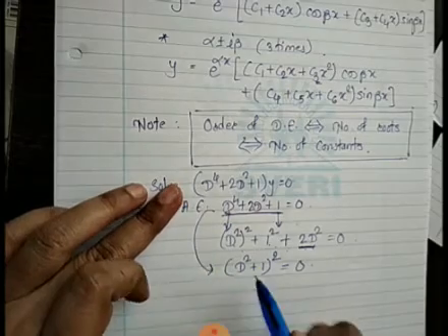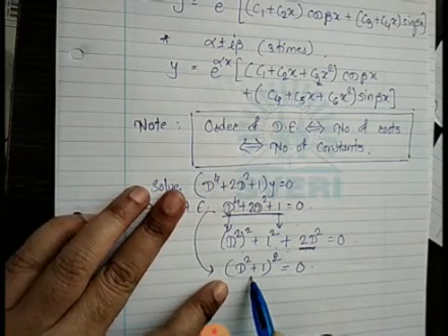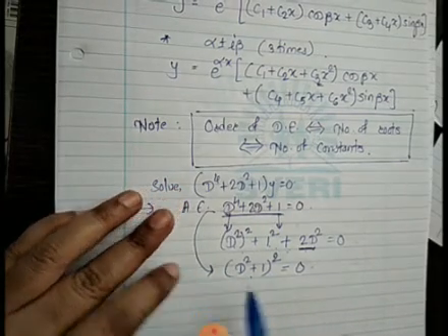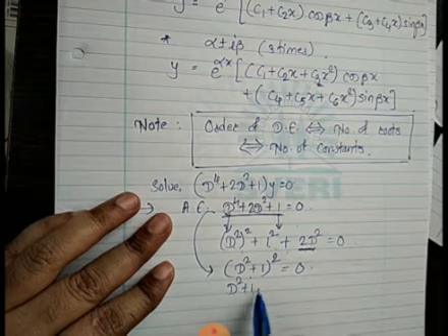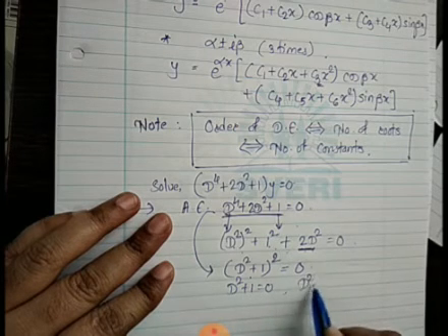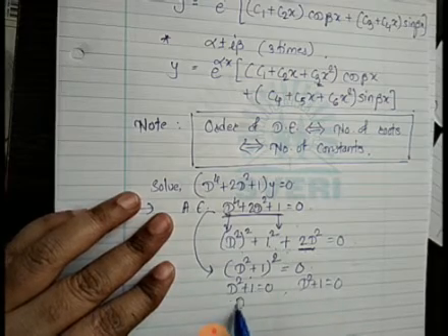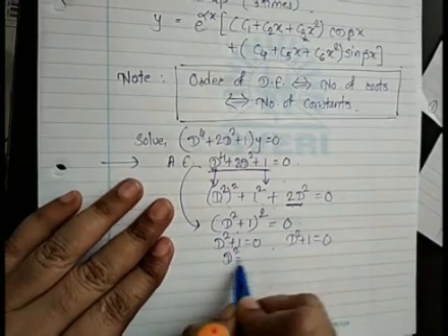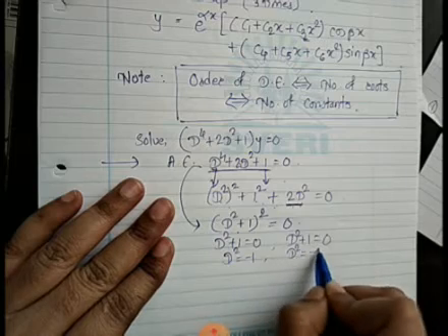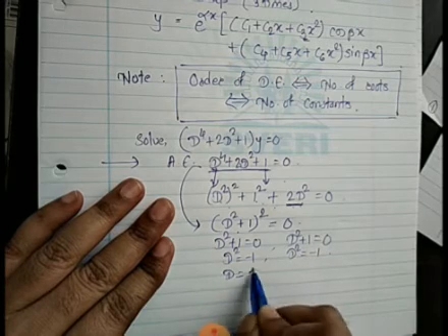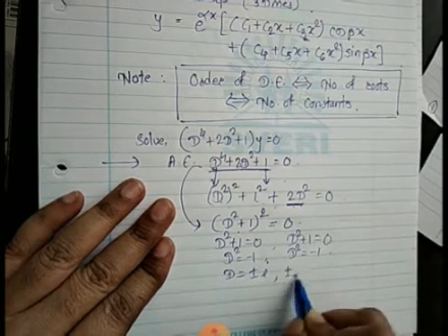Whatever is given is this D square plus 1 whole square, right? And to solve this, we can write D square plus 1 is 0 and D square plus 1 is 0, as square means twice. So solving this, we'll get D square is minus 1. And taking square root on both sides, we'll get D is plus minus i and plus minus i.